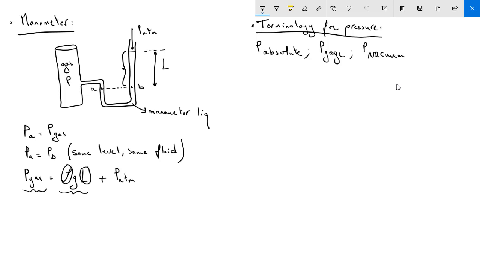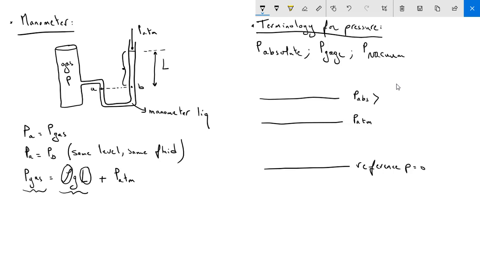To understand what this terminology means, let's take here a reference pressure equal to 0. So this is the absolute zero pressure. And here we have the atmospheric pressure, P atmosphere. Let's take a case where you have an absolute pressure which is, as you can see, higher than the atmospheric pressure. So the absolute pressure is always measured from the zero reference.